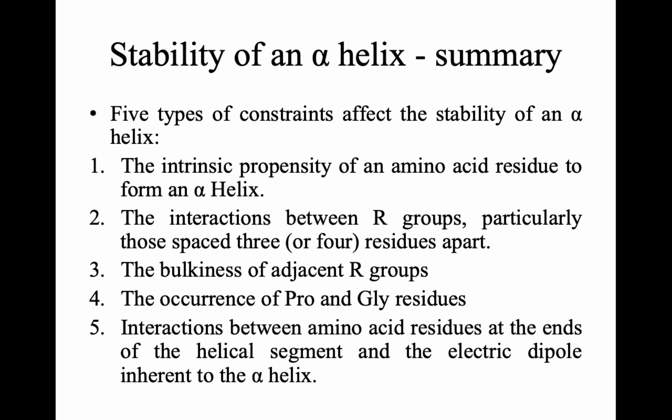The bulkiness of the adjacent R groups also affects the alpha helix. At the same time, the occurrence of proline or glycine residues also destabilizes the alpha helix. And apart from that, there is the interaction between the amino acid residues at the ends of the helical segment and the electric dipole inherent to the alpha helix. All these five types of constraints affect the stability of the alpha helix.